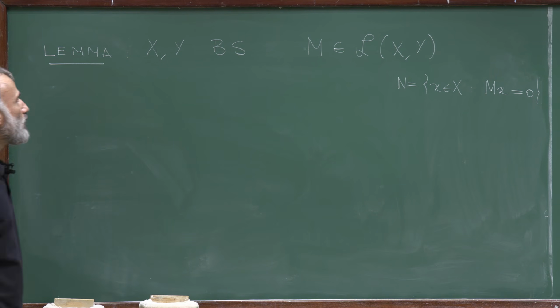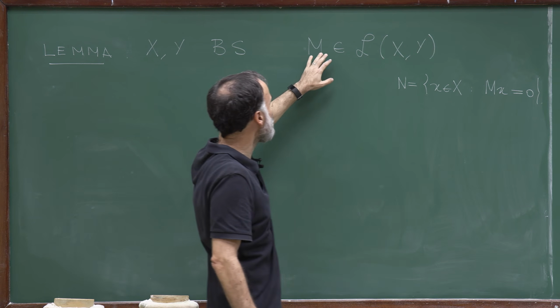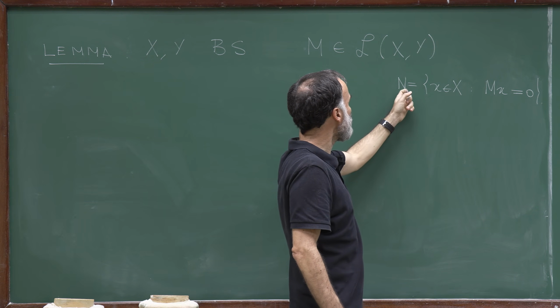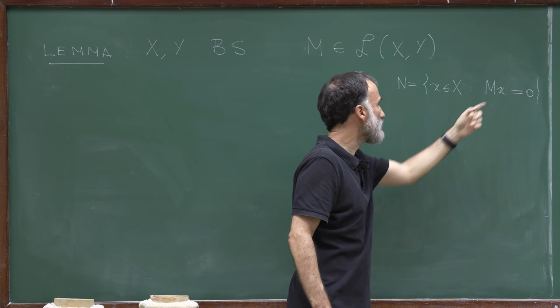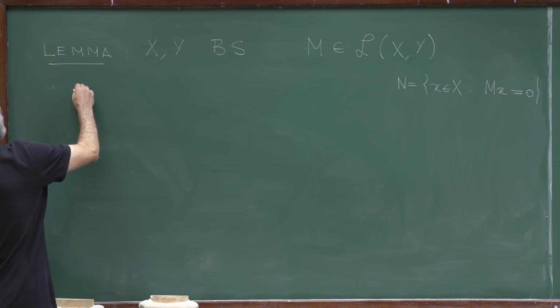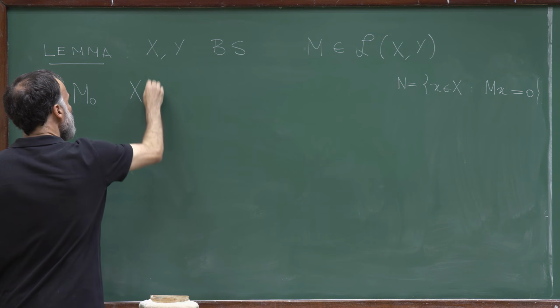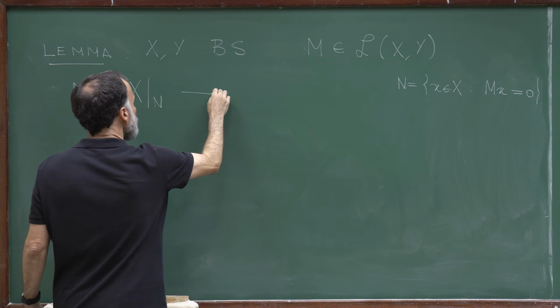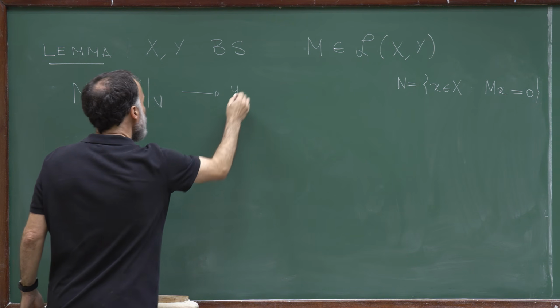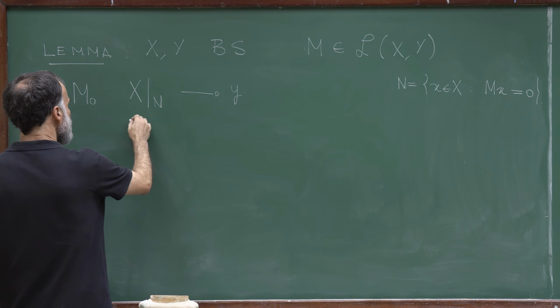So let me remind you the setup. We have two Banach spaces, X and Y. We have a bounded linear operator M, and we represent by N the null space of this operator M. Now I want to define M0 from X modulo N to Y. So the elements of X modulo N are equivalence classes.